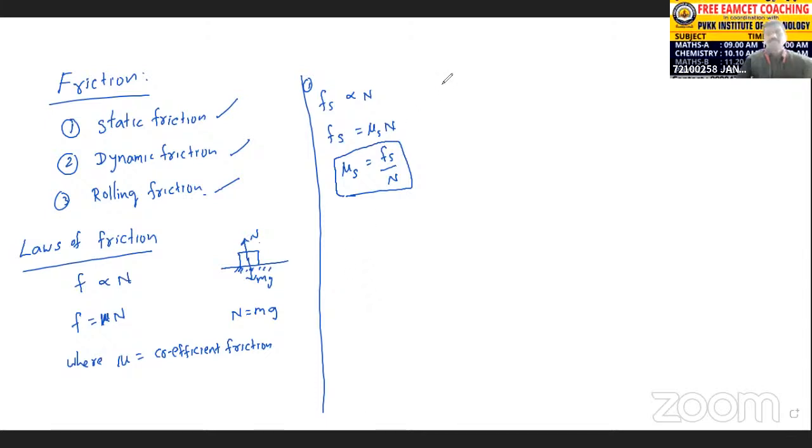Next, kinetic friction or dynamic friction. Kinetic friction is directly proportional to normal reaction. Fk is equal to mu k into N, where mu k is the coefficient of kinetic friction. The coefficient of kinetic friction is defined as the ratio of the kinetic frictional force to the normal reaction.